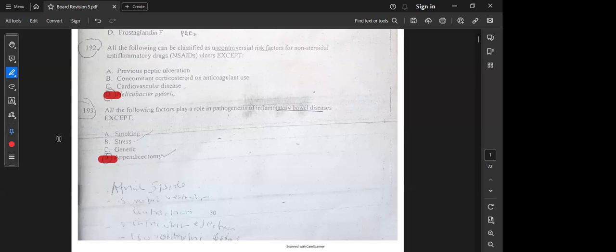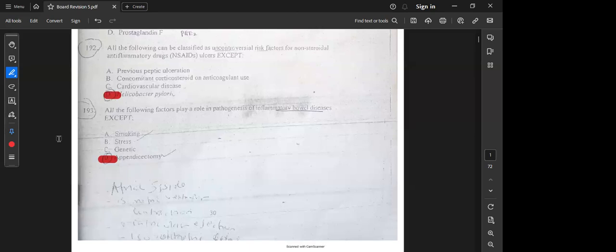Also, tenesmus and constipation. With Crohn's, we have diarrhea that's less bloody than in ulcerative colitis. Rectal bleeding is also there, but to a lesser degree. We also have abdominal cramping, weight loss, and malnutrition, which are more common than in ulcerative colitis.